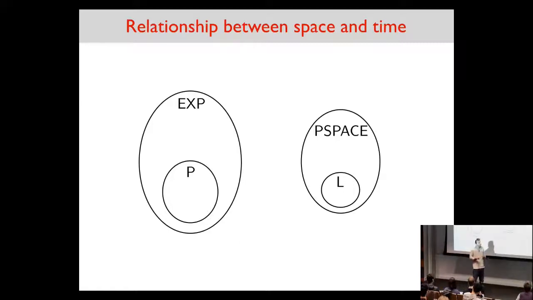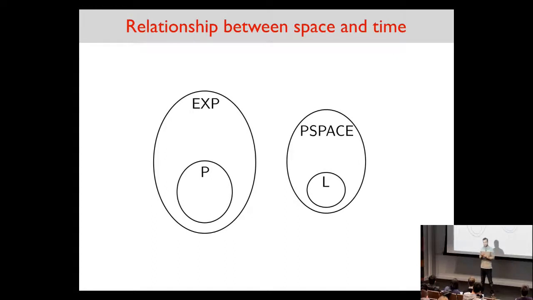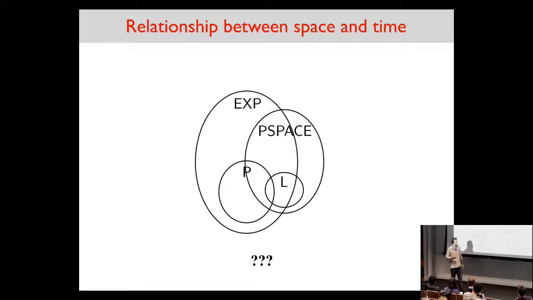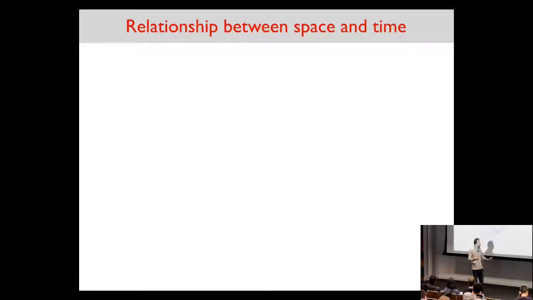So to understand the relationship between space and time as a resource, you want to first try to understand how these different complexity classes relate to one another. Okay, so when these things come together, what happens? What does the picture look like? We're going to try to figure out how this picture looks.